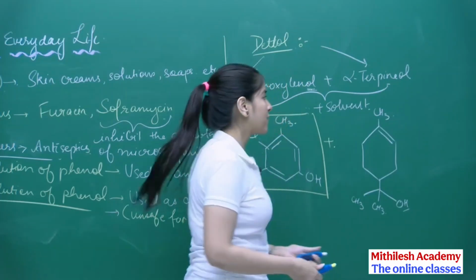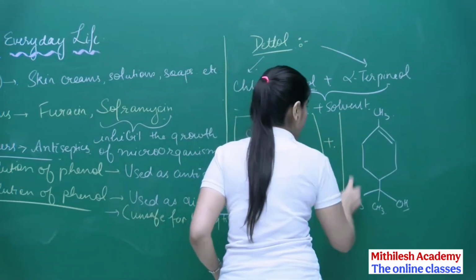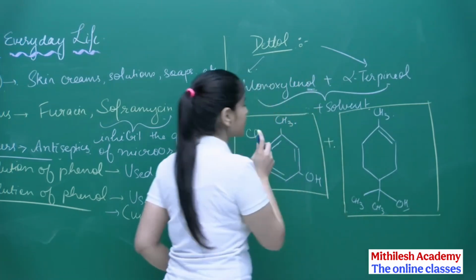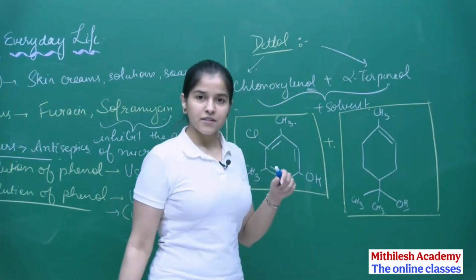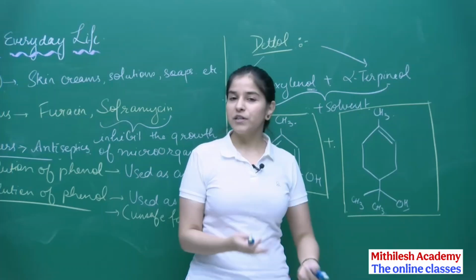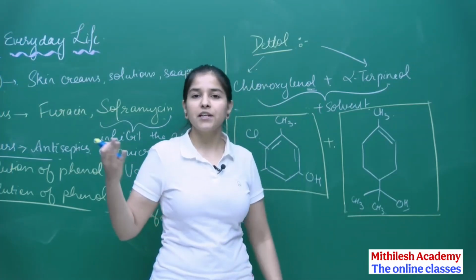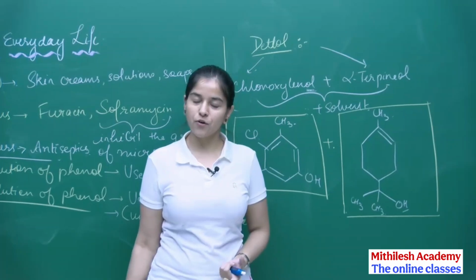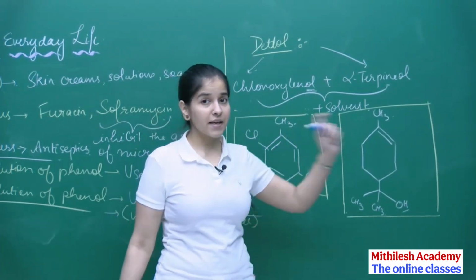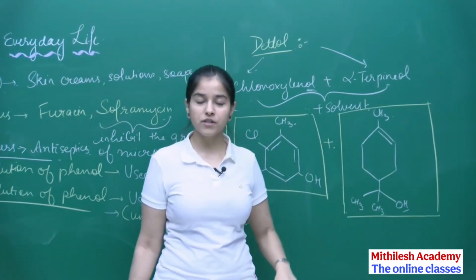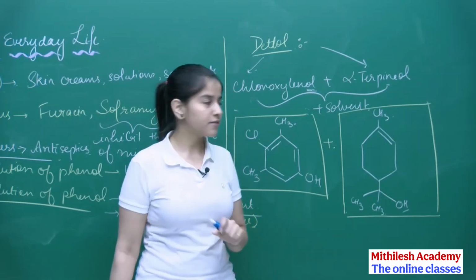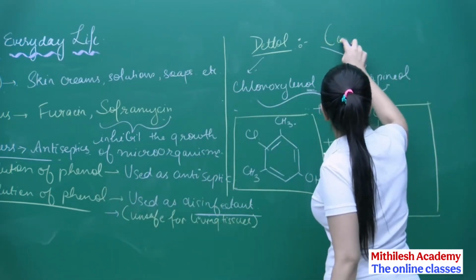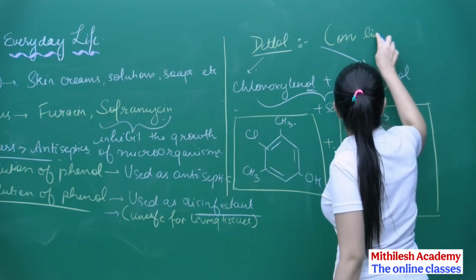So I hope you all have got the structures here. These are the 2 compounds which all together make Dettol. Once you go into research, you may be in your later stages of life, you can even make a simple solution of Dettol on your own. Once you get access to the chemicals, that is very important, and safety is a must. Now Dettol can be used on skin, on living tissues.